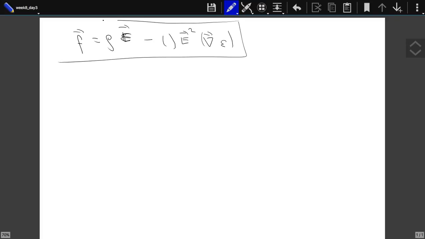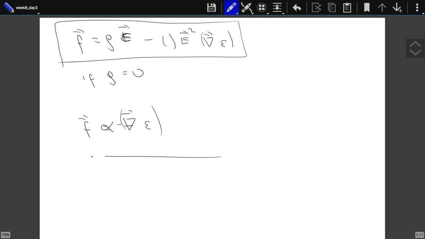Well, basically, this gives you the impression that the force is non-zero, if rho is 0, like in most of these examples of the dielectric in a capacitor, where there are no free charges. So the force is proportional to minus gradient of epsilon. The gradient of epsilon is non-zero in two regions.